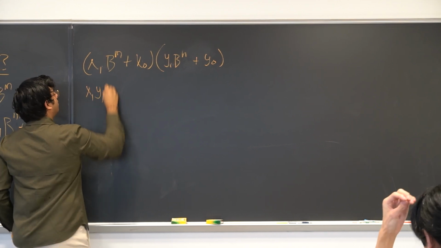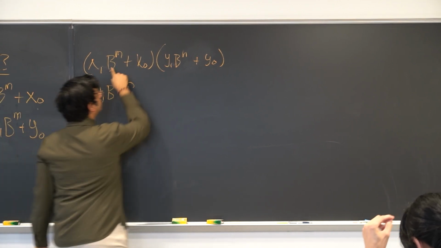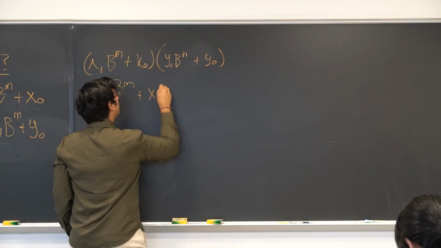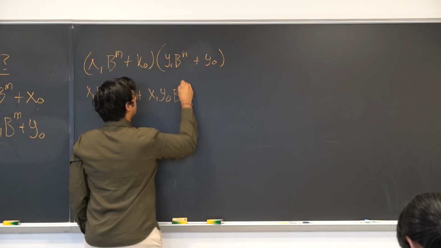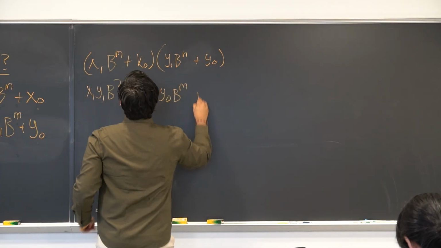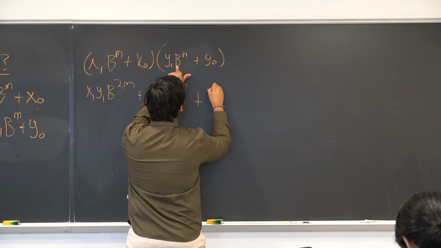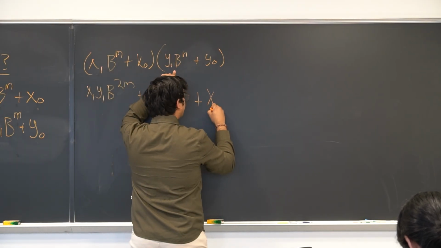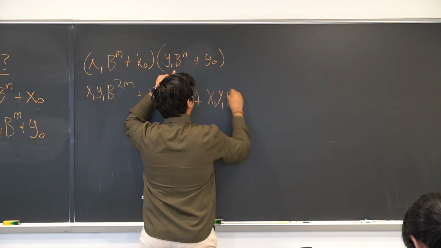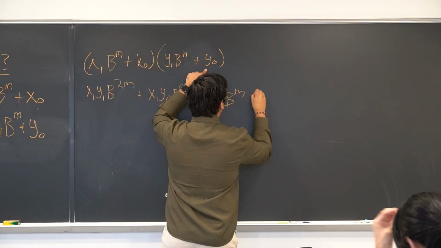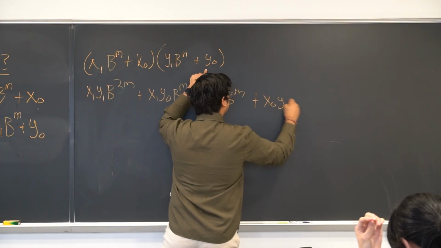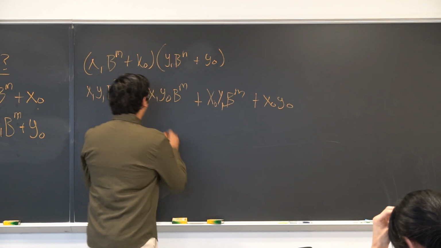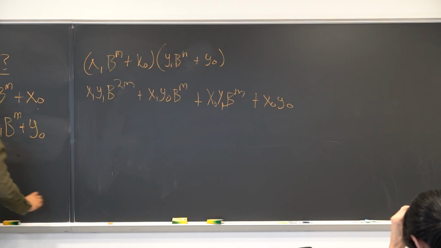We get x1 y1 b to the 2m, x1 y0 b to the m. Again, please check my math. x0 y1 b to the m, plus x0 y0.